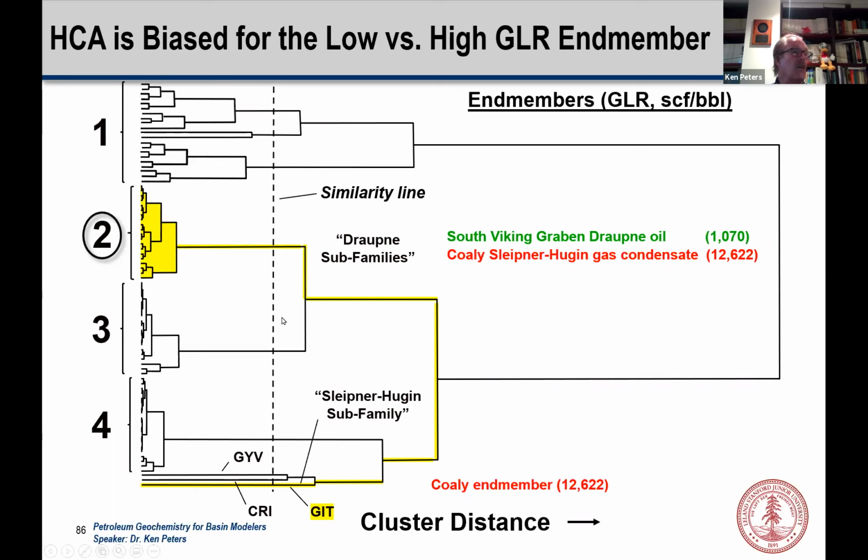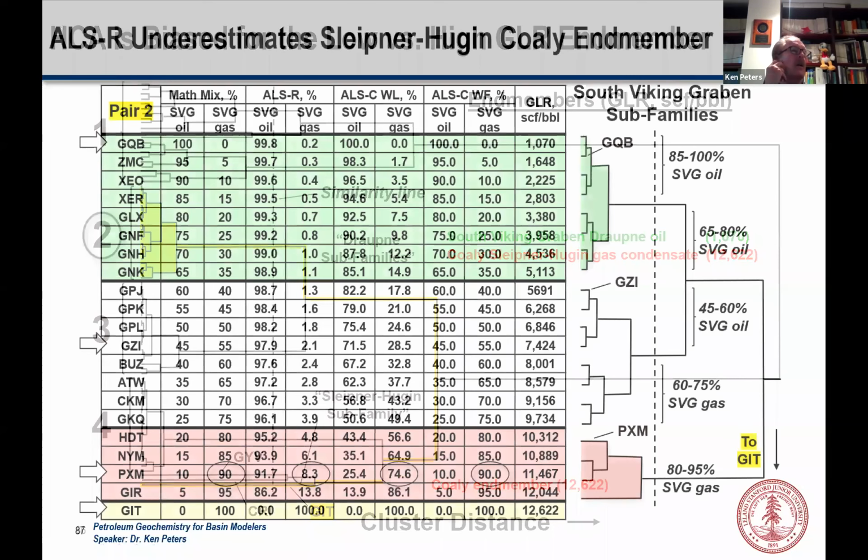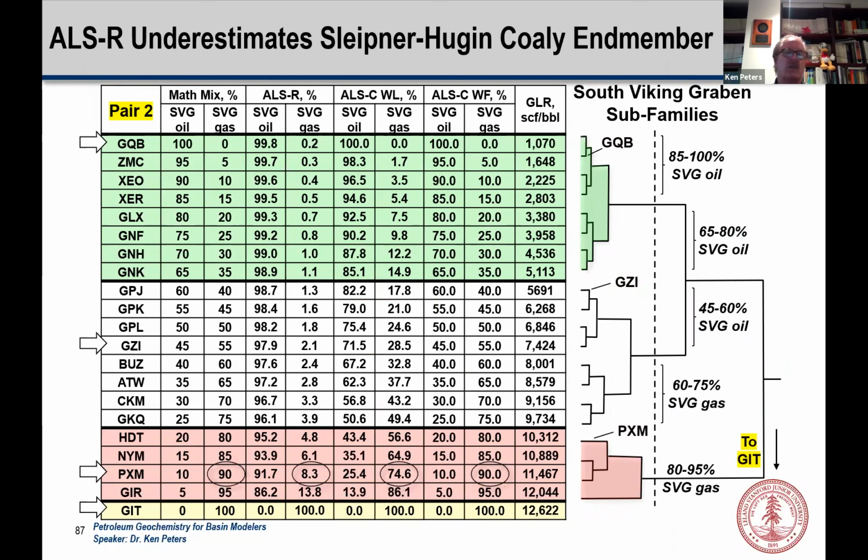But the other extreme here is just one sample, the sample GIT, which is the Schleipner-Huygens gas condensate. So that says that a lot of the mixtures here are actually dominated by Schleipner-Huygens, but they look like Dropney oil. There are a lot of papers published on the South Viking Graben, and they don't see this.